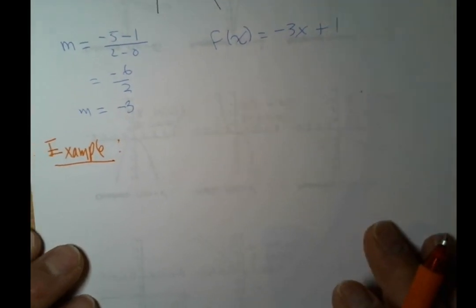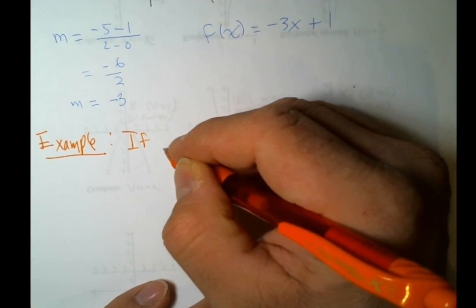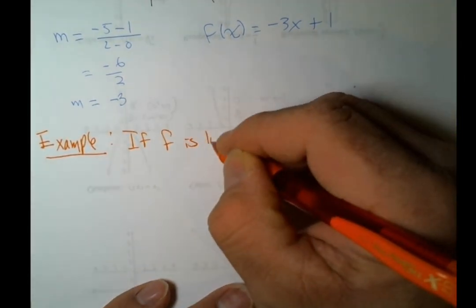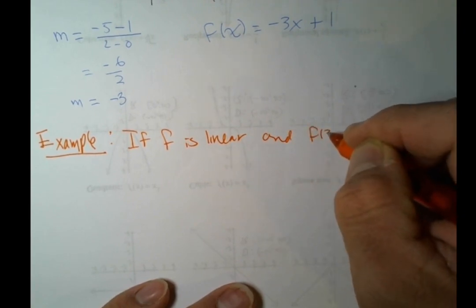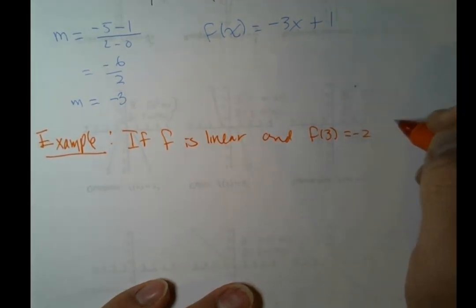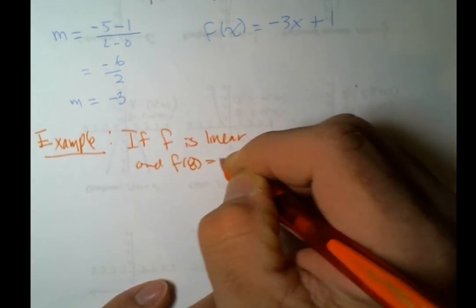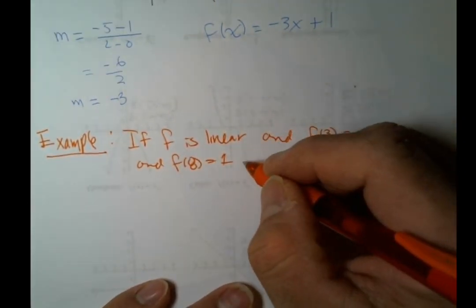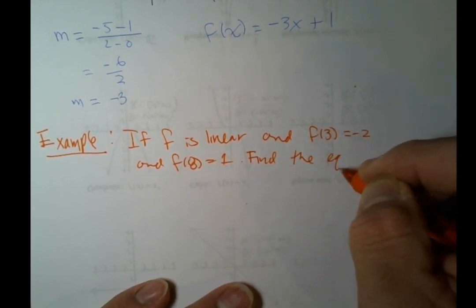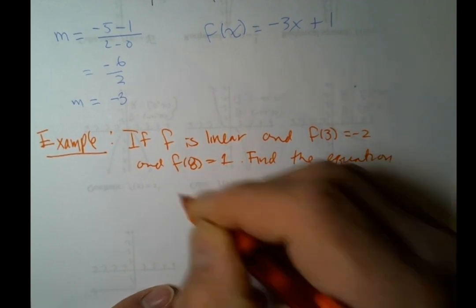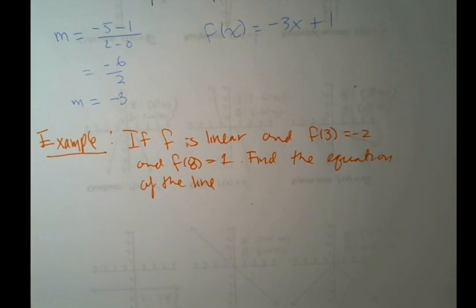Okay. So for this example, let's say that if f is linear, and f of 3 is equal to negative 2, and f of 8 is equal to 1, find the equation of the line. Okay.